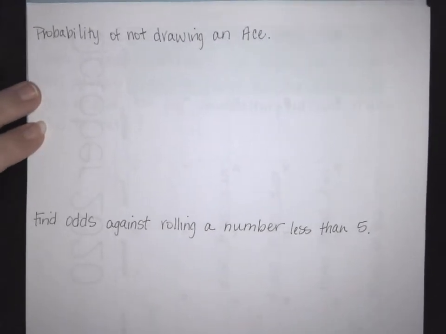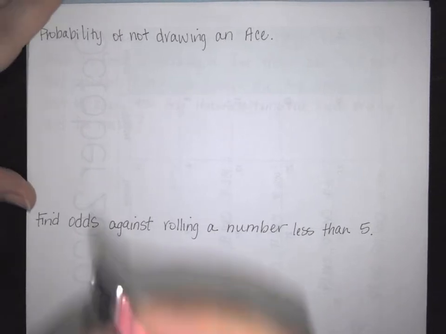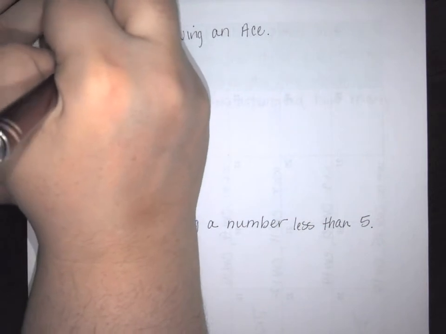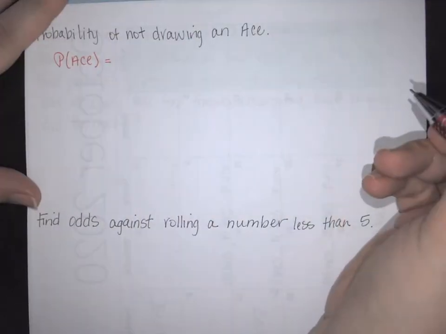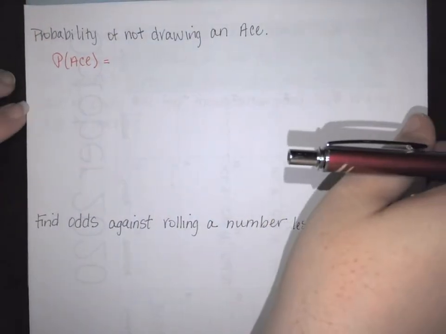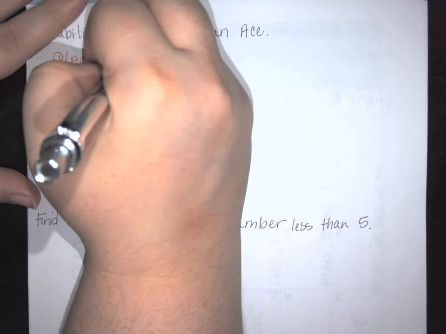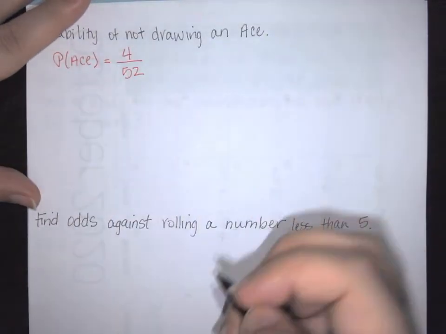This next one wants to know the probability of not drawing an ace. Okay, so in order to do that, we first have to look at the probability that you did draw an ace. Well, we know that each suit has an ace, so that means there's 4 suits, so there's 4 aces out of my total deck.